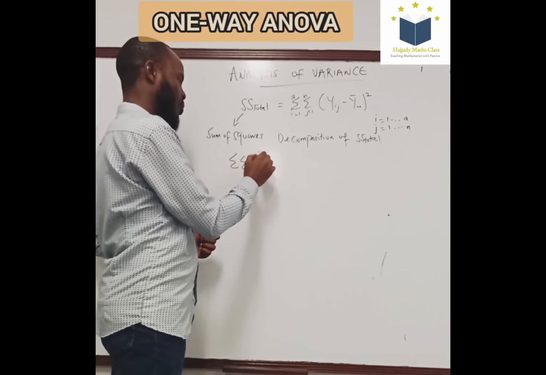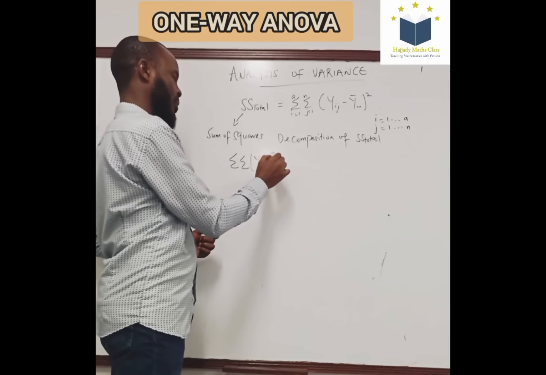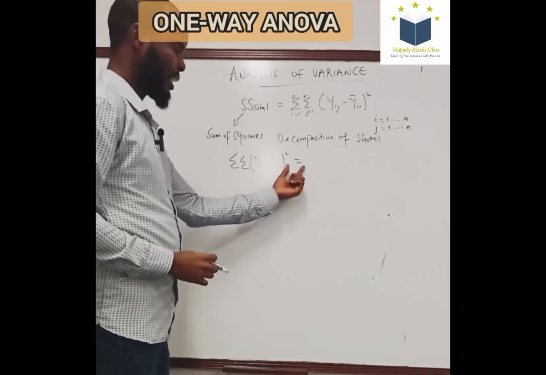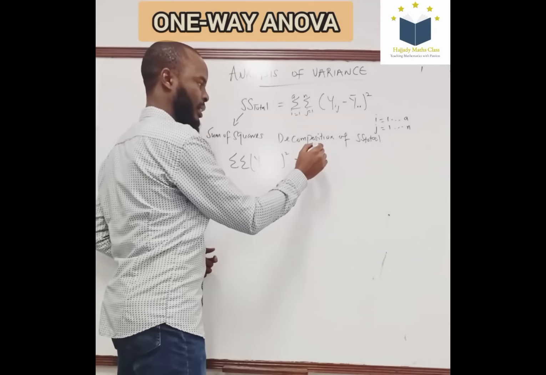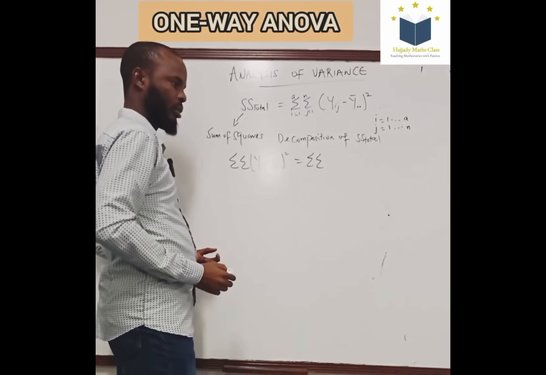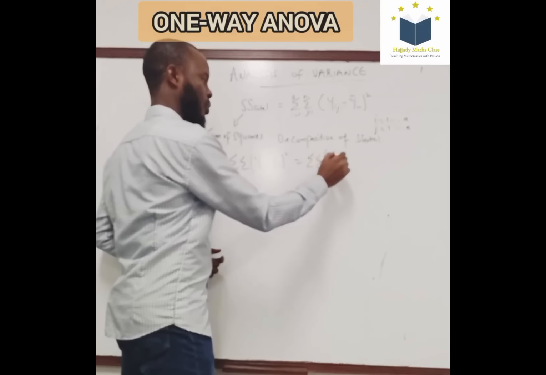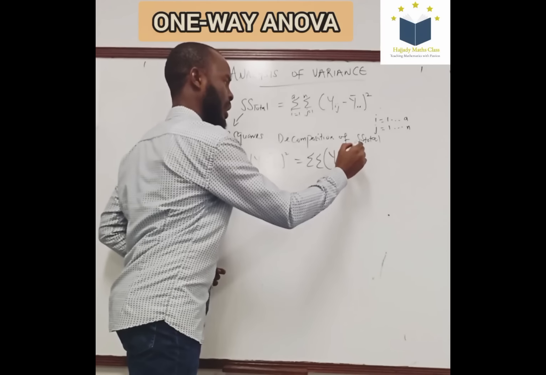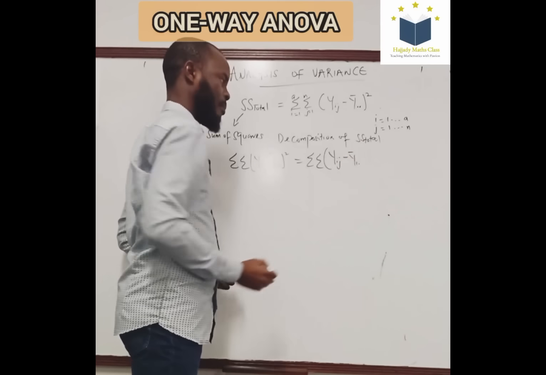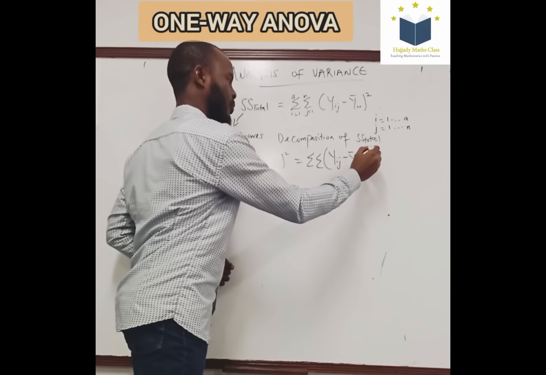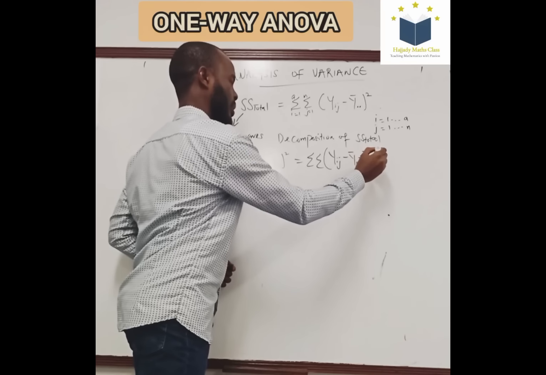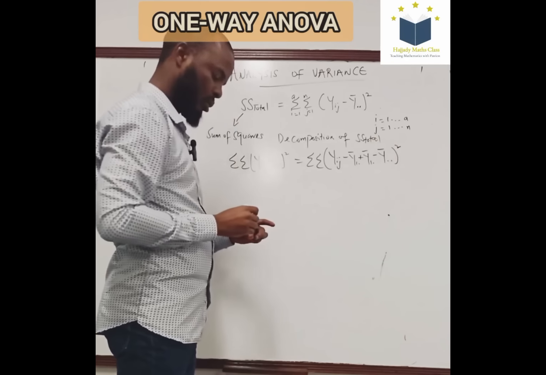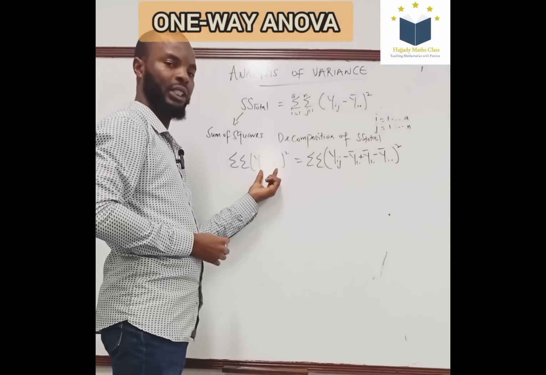So I have Yij minus y bar dot dot squared. Decomposing this is the same thing as saying double summation of Yij, introducing minus yi dot bar plus yi dot bar minus y dot dot bar, all squared.